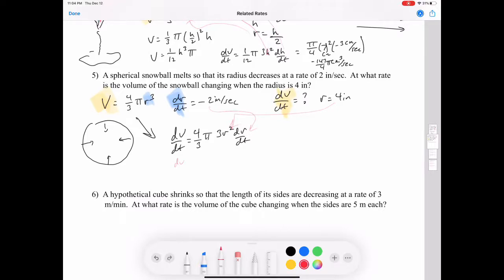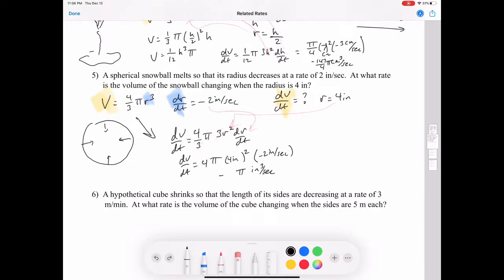dV over dt is equal to, these 3's divide out. We're left with 4 pi. r is 4 inches, dr/dt is negative 2 inches per second.